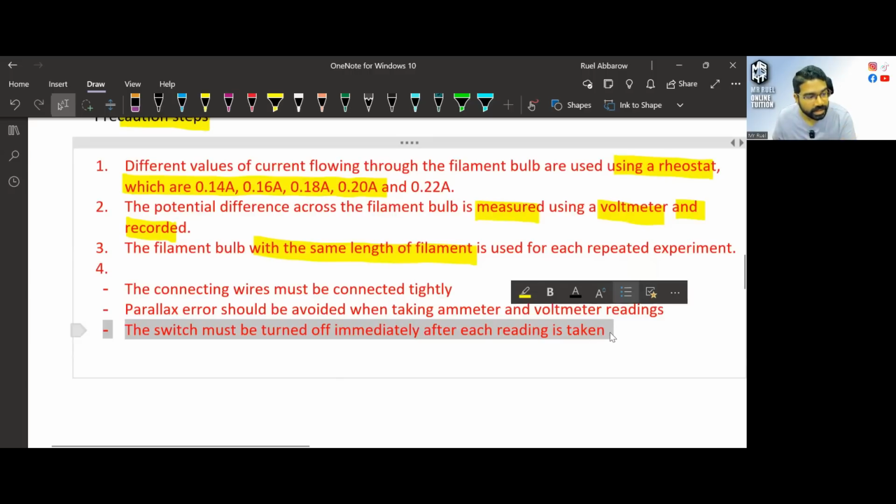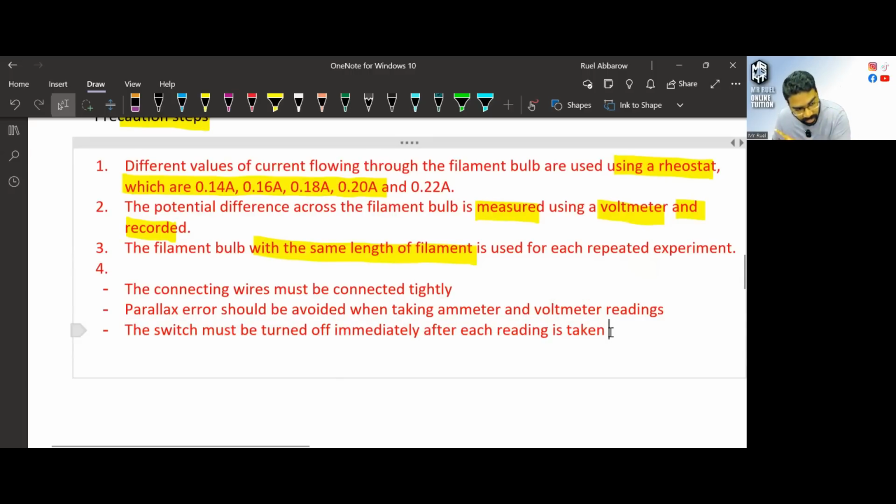The reason is to avoid the constantan wire from increasing in temperature, that means to keep the temperature of the constantan wire constant. So that's the precaution stated in the textbook.